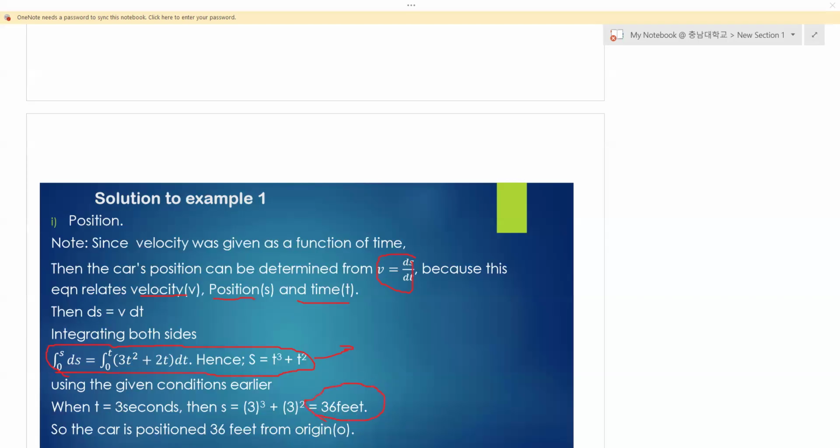So the car is positioned 36 feet from the origin. Once we have found that, we've answered that question.